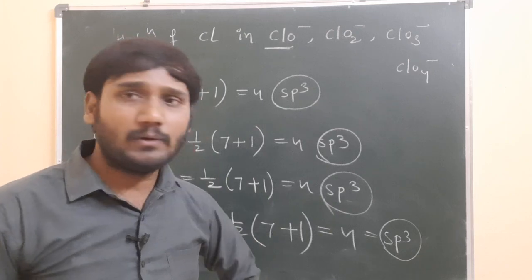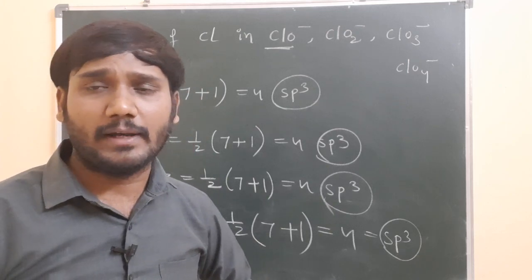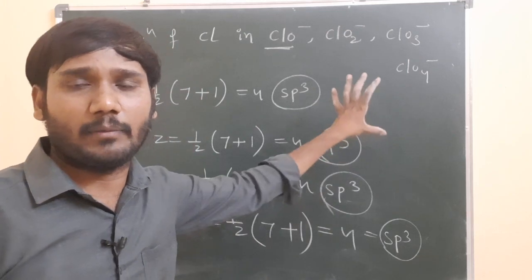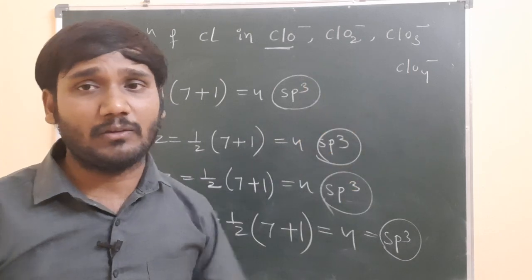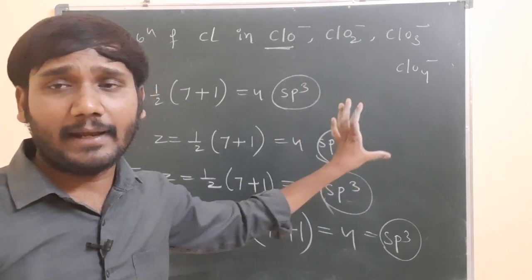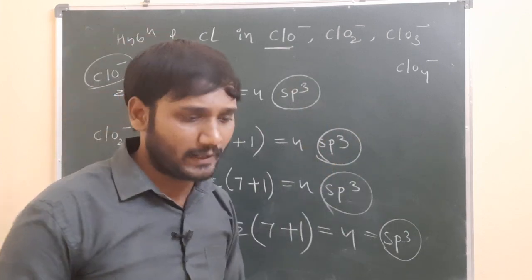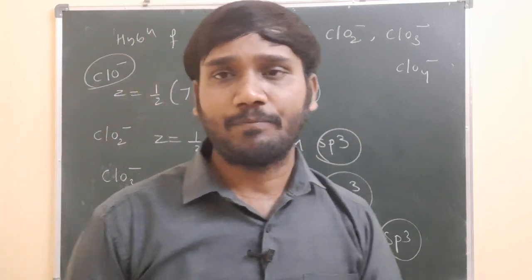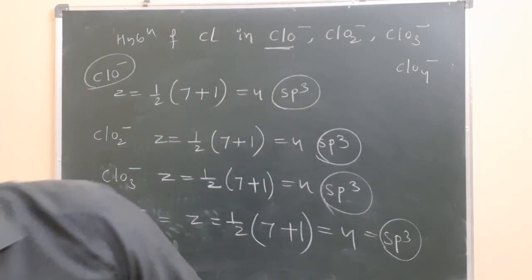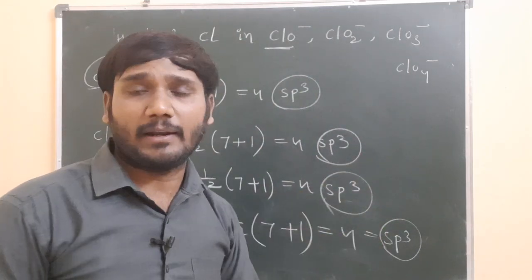So mainly we can identify the hybridization by this formula. At the same time, the shape of the molecule also we can determine. T-shape is what, square pyramidal is what, square planar is what. So the entire table that I explained here is very important to identify the shape of the molecule in geometry. So this is the topic and today's topic, Valence shell electron pair repulsion theory.